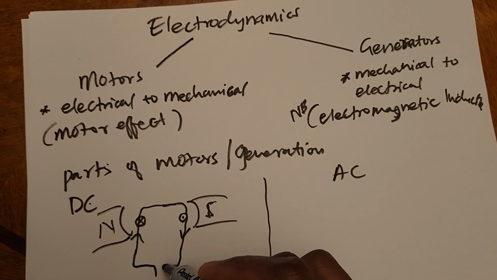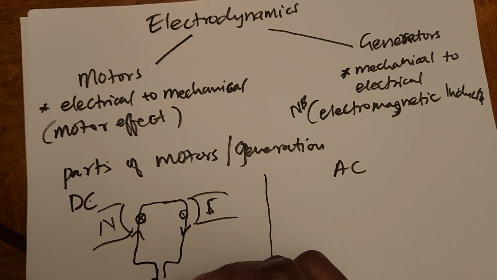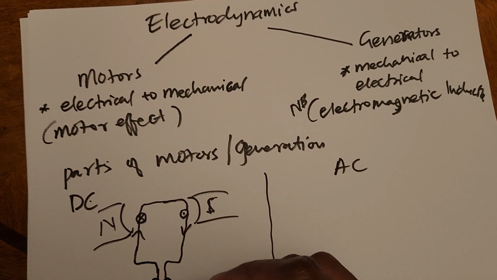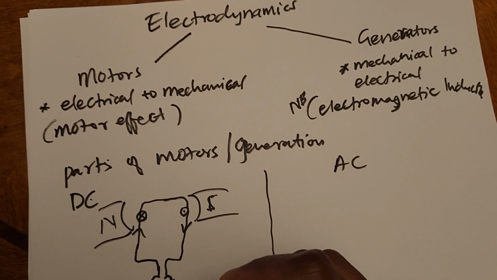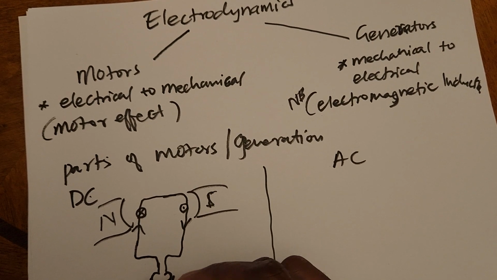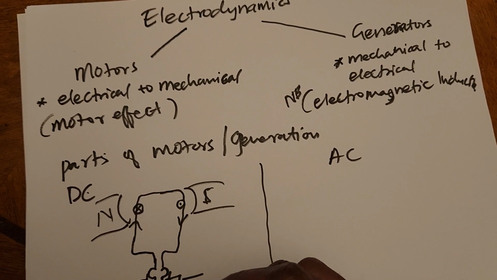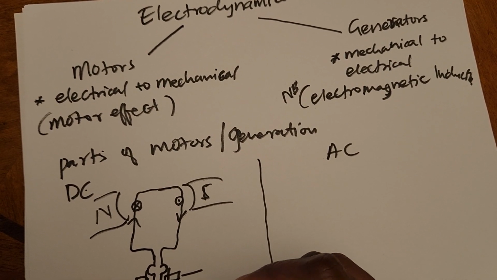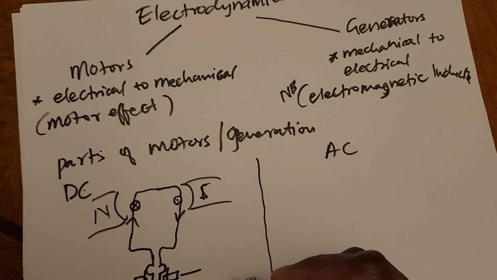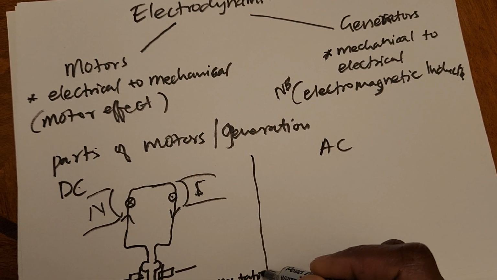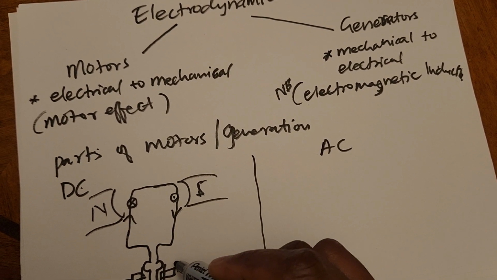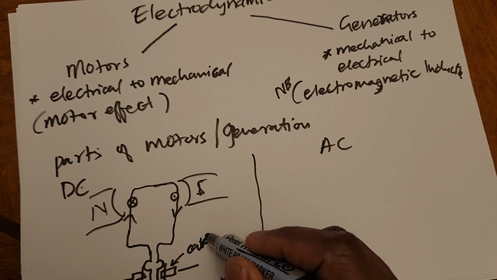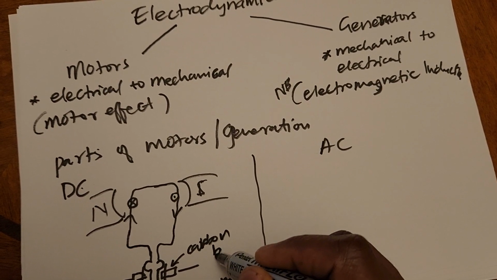Then in this one, we'll be having the rings, which are split into two halves. This is called the split ring commutator, whereas these ones are the carbon brushes.